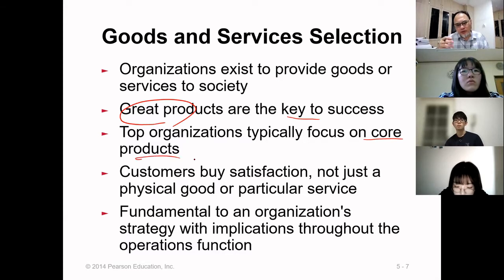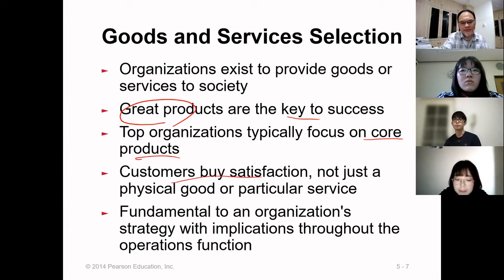That means you do not produce, for example, forefront manufacturing. They only produce doors. They don't want to produce anything else, because of their specialty and their capability. So you have a core product that you actually produce. Customers buy satisfaction, not just a physical good or particular service.